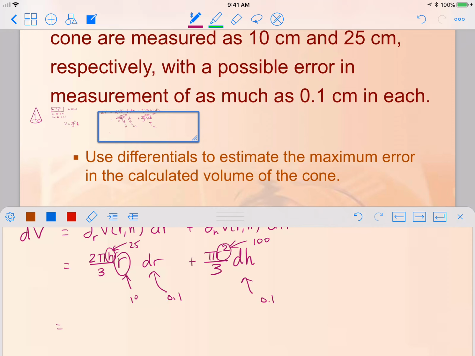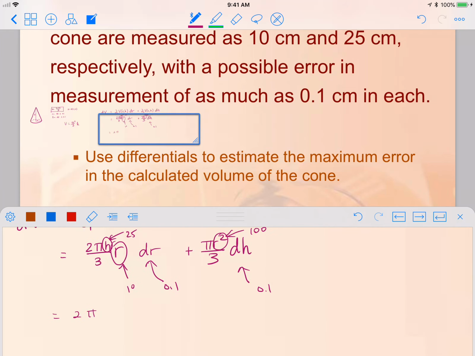So we should have 2 times pi times 25 times 10 times 0.1, all over 3, plus pi times 100 times 0.1, all over 3.